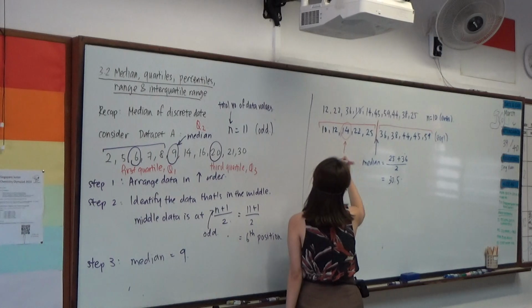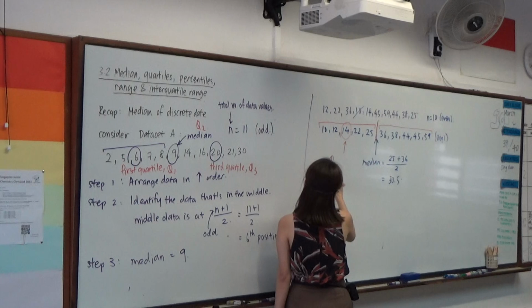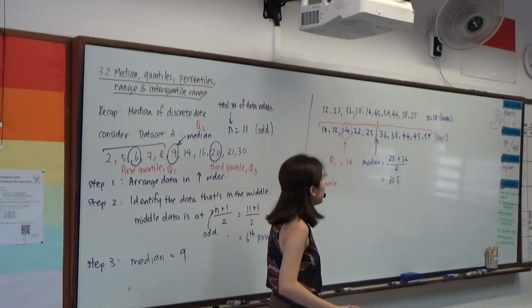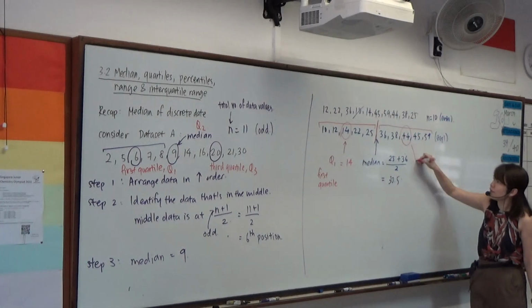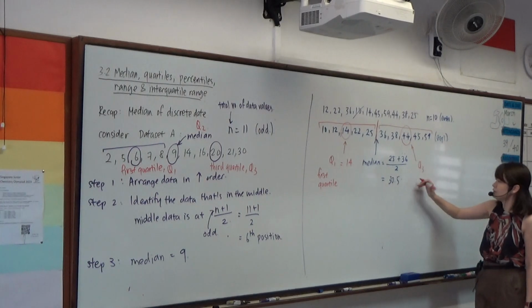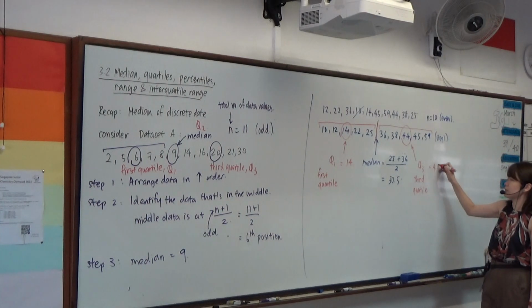So 14 will be our Q1, first quartile, that is equal to 14. And then in the second half, I can identify Q3, the third quartile, and that is 44.